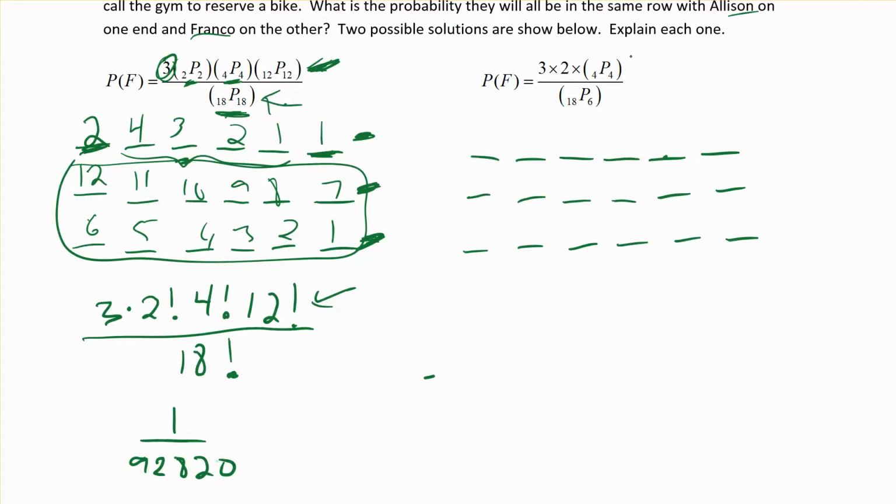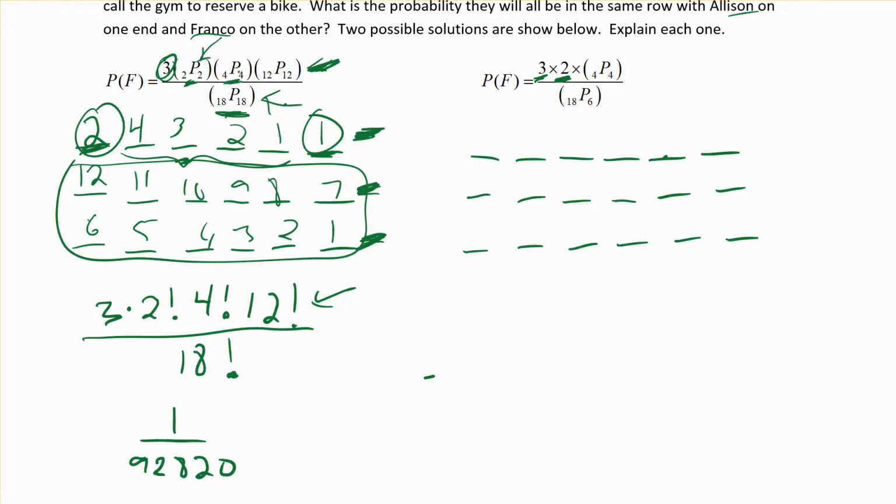This one is going to be similar, but the 3 still comes from the same place because we're going to say they could be in that row, that one, or that one. The 2 comes in for the same thing, for Franco and Allison, the 2 people on the end, because 2 is the same thing as 2 factorial, like in that equation.